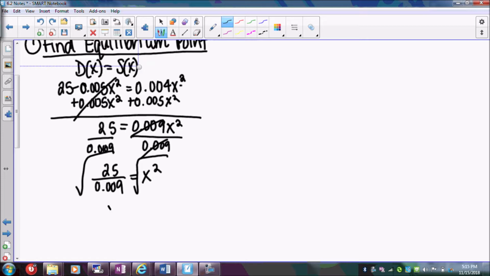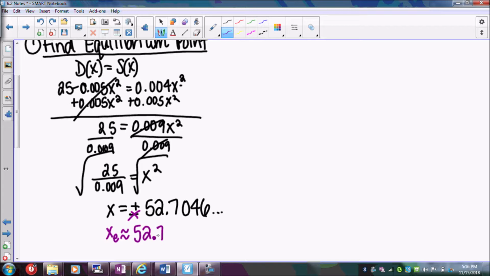So this is going to be x equals plus or minus, you get 52.7046, something like that. Again, we're going to reject the negative here. So that means I'm going to say that x sub e is approximately equal to 52.7.